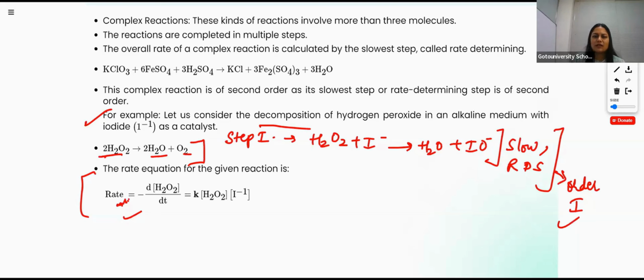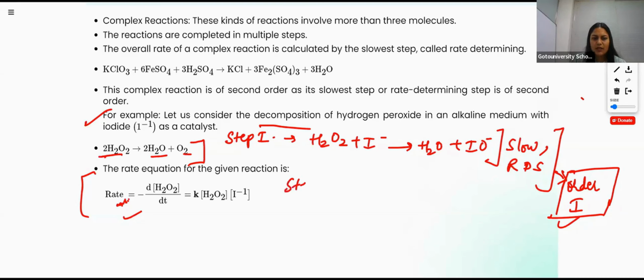As this slow step is taking place in the first step of the chemical reaction, we determine from here that the order of reaction is first. Okay, this is a first order chemical reaction, the order for this chemical reaction is 1.